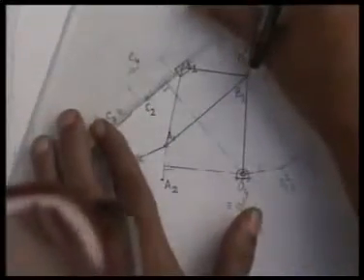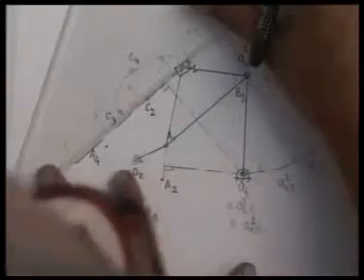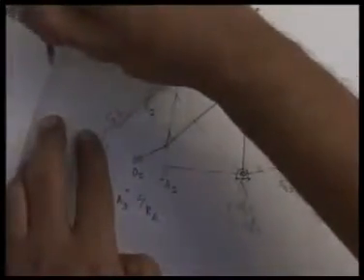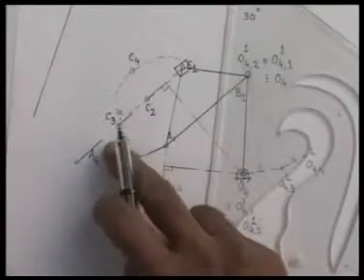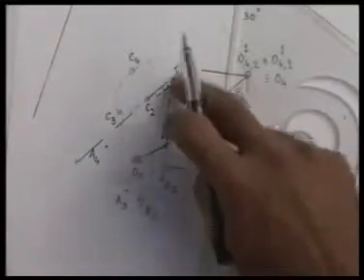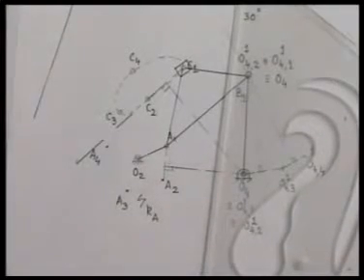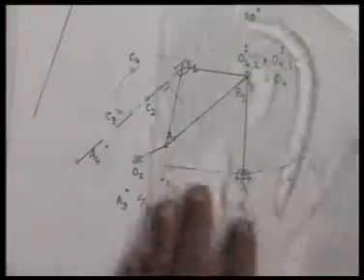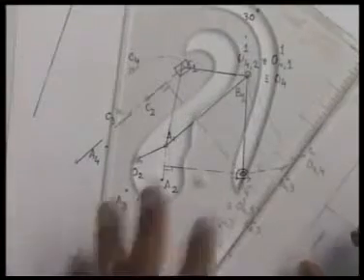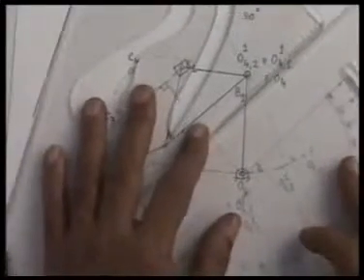So what we can do, we can draw a line which is at 30 degree to this line, the approximate straight portion of the coupler curve. Then I draw a tangent to this coupler curve parallel to this line.